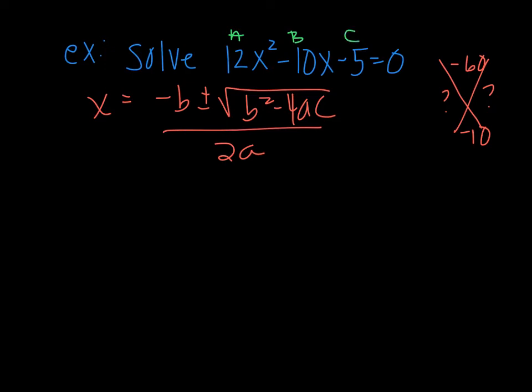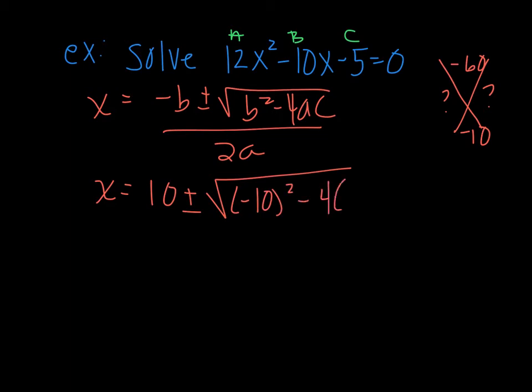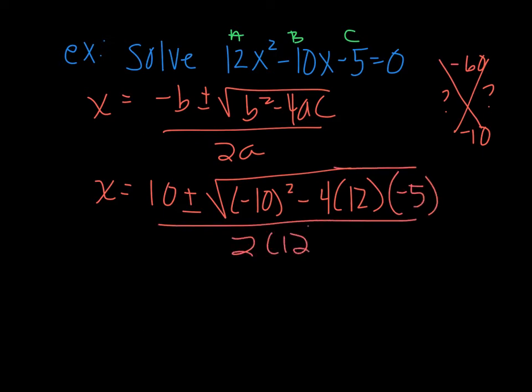So if I plug those values in, I get the opposite of b. So since b is currently negative 10, opposite of b is positive 10, plus or minus the square root of b squared, so negative 10 squared, minus 4 times a, which is 12, times c, which is negative 5, all over 2 times 12.